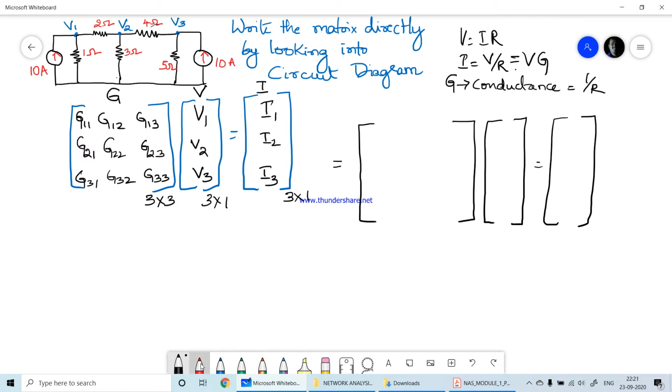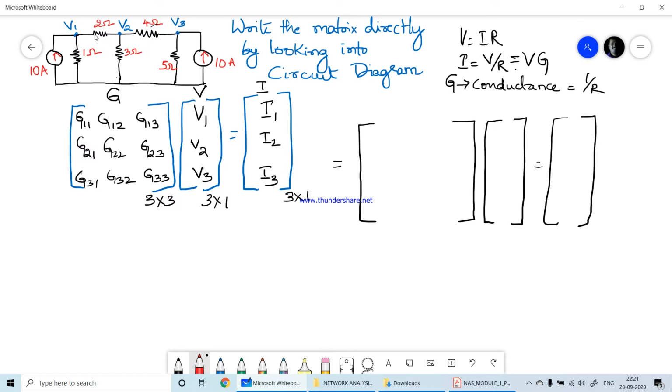So here, G11 is the summation of the conductances that are connected to node 1. Conductance means it is the reciprocal of the resistance, right?